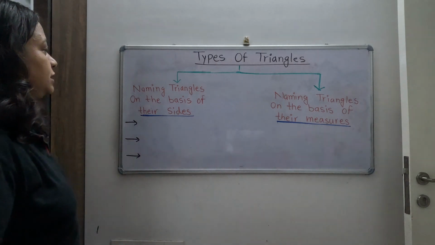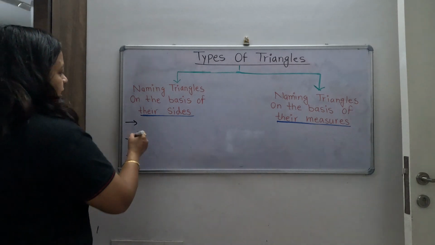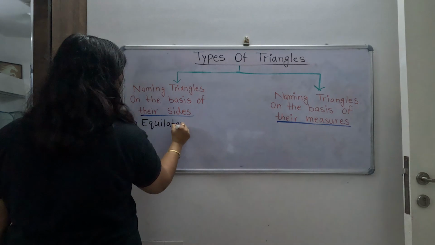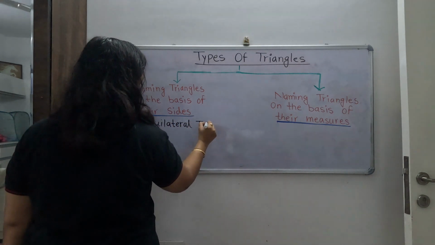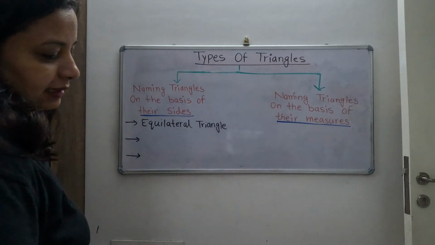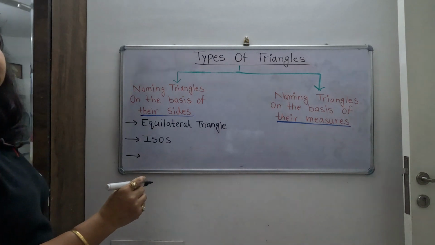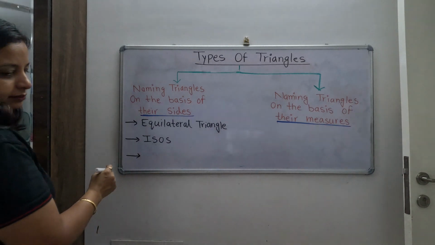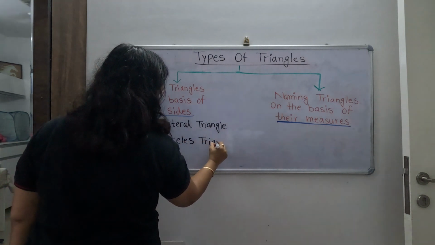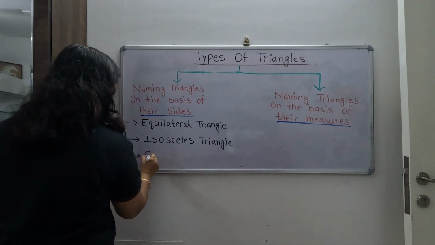So the naming of triangles on the basis of their sides: first is the equilateral triangle, the second is the isosceles triangle, and the third is the scalene triangle.